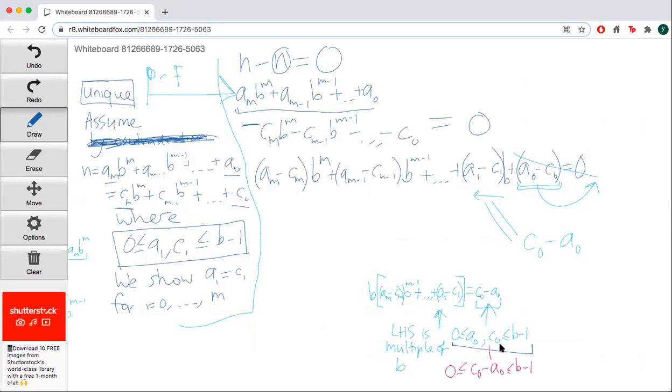So Nathan, especially because you got the answer, do you want to tell me why we can conclude from this, together with the fact that C0 minus A0 is supposed to be a multiple of B, that A0 equals C0?